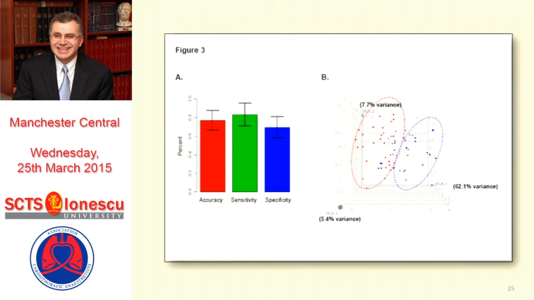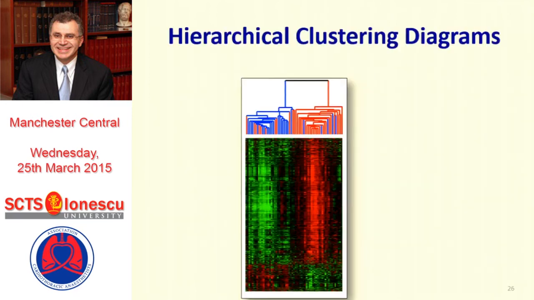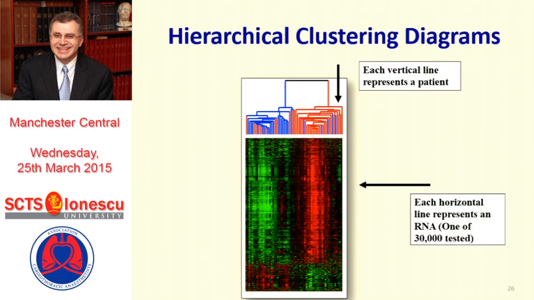If all the red dots were in the red 3D oval and all the blue were in the blue 3D oval, it would have been 100% accurate. So now again, dumbing it down for those of us who aren't scientists like Dr. Milewicz, in these hierarchical clustering diagrams, each vertical line is a patient, each horizontal line represents a different RNA. Green is underexpressed and red is overexpressed.